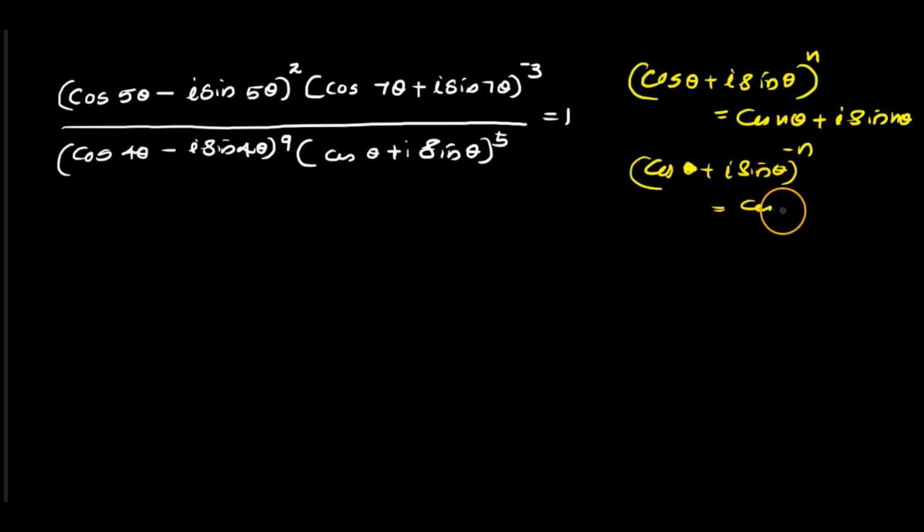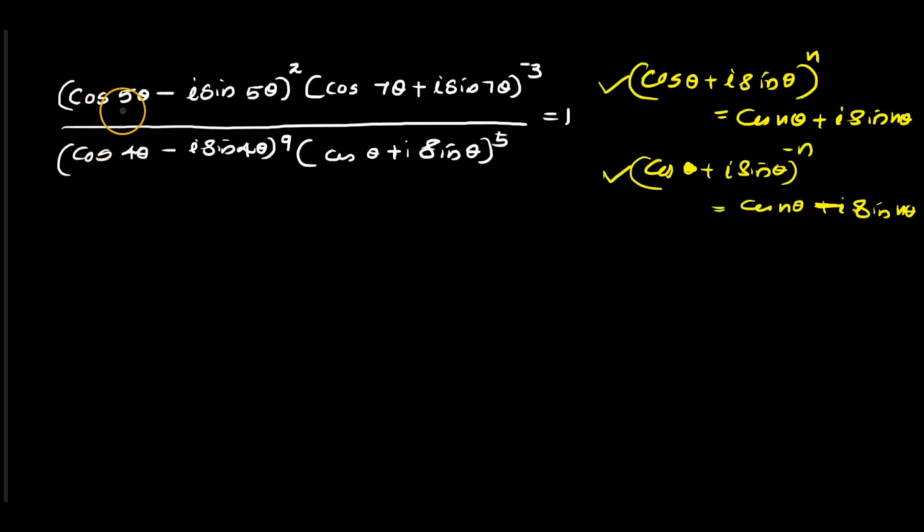Cos of minus n theta is cos n theta itself, plus i sin of minus n theta is minus sin n theta. So this is minus i sin n theta. So remember these two properties for solving this question.